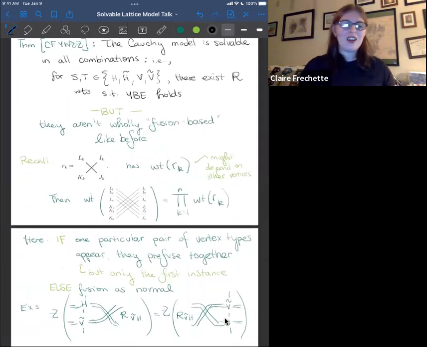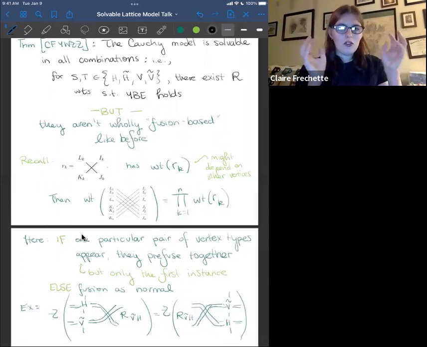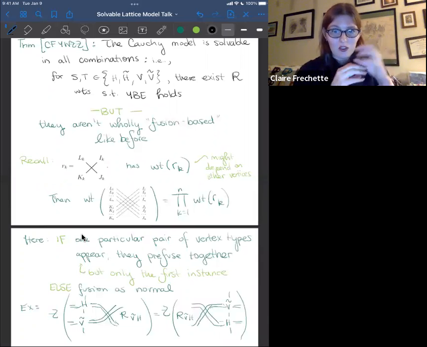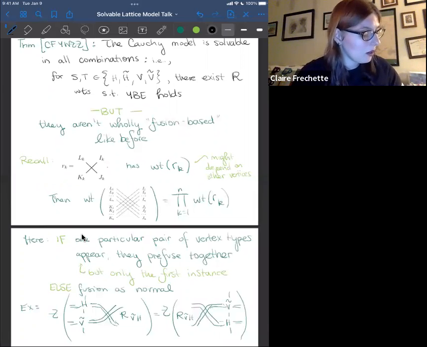I would be very interested to know if anybody knows the algebraic motivation behind this, that if one particular pair of vertex types appears, their weights change in a way that is not the product of their weights. We get additional terms showing up, and only the first instance of those two vertex types that show up do that. But all of the other vertices, their weights multiply together the same way that we would expect normally.